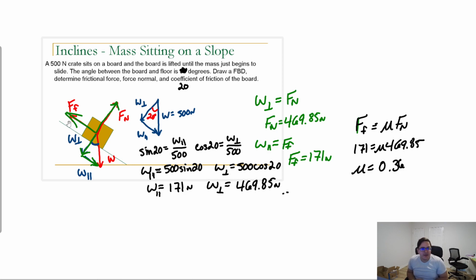Since it just begins to slide, that tells me that the maximum friction it can be was overcome. And the maximum friction it could be was that 171 number. Since we knew the maximum friction and we knew force normal, we could find the coefficient of friction by having an object slide down a ramp.